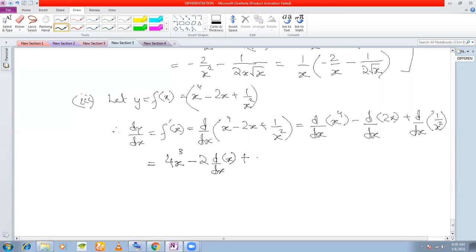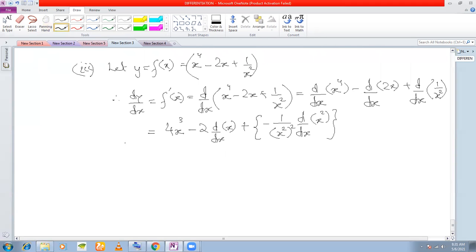And plus d/dx of 1 by x square. Again, differentiate by d/dx of k by u. What was d/dx of k by u? It's minus 1 by u square into du/dx, that is d/dx of x squared. So now we get 4x cube minus 2 into 1, minus d/dx of x square is 2x.